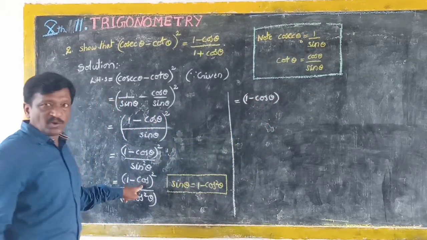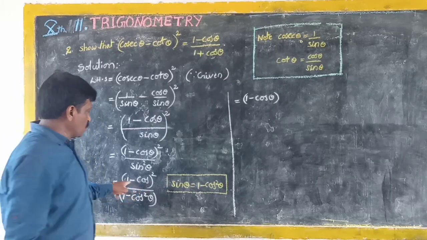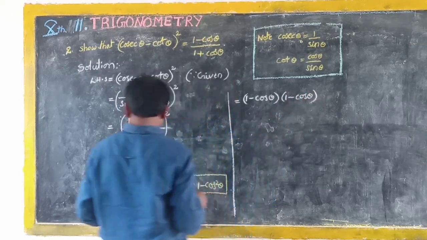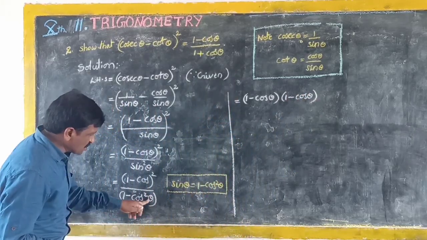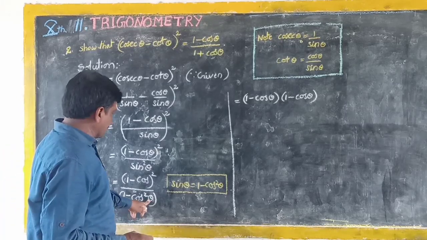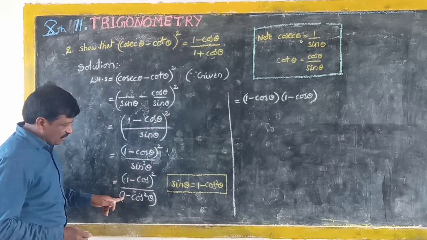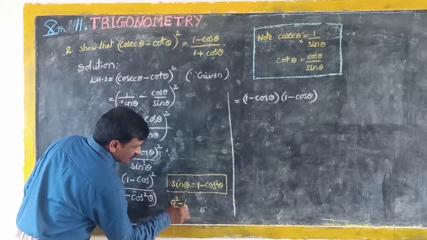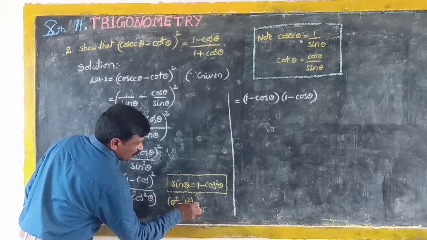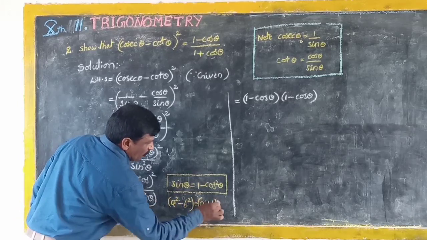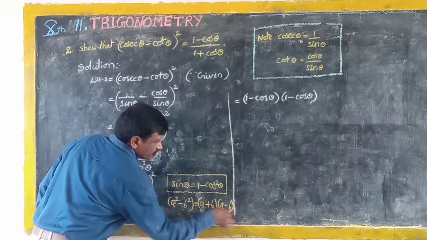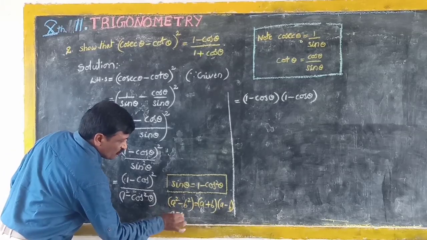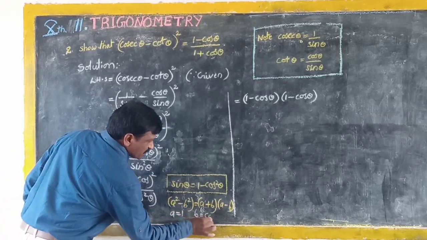A square means a into a, so (1 minus cos theta) whole square is (1 minus cos theta) into (1 minus cos theta). As well as 1 minus cos square theta, so 1 square minus cos square theta. Here a square minus b square is equal to (a plus b) into (a minus b), where a means 1 and b means cos theta.